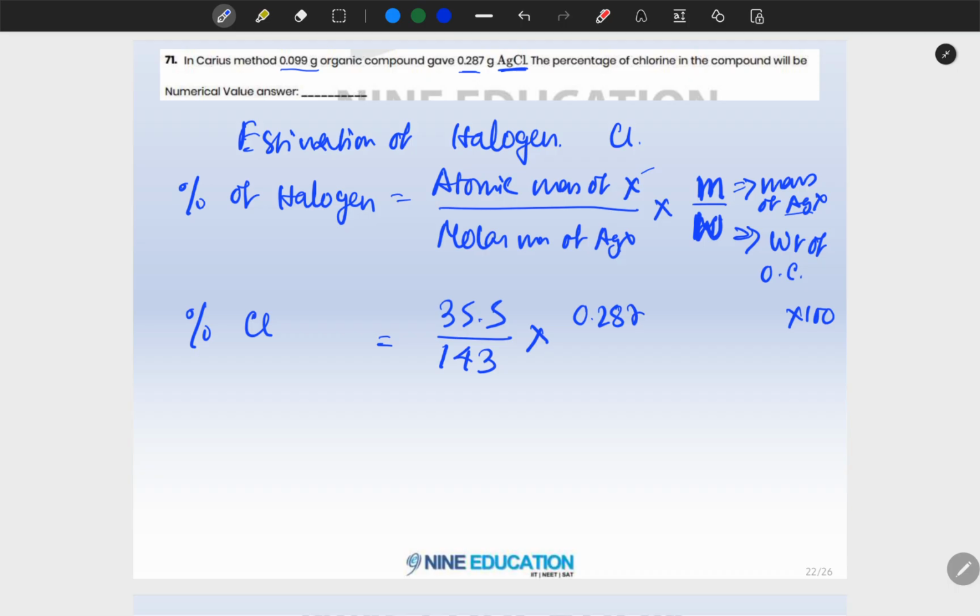This is the amount of AgCl we are getting from 0.099 gram of organic compound, so by 0.099 into 100. So finally, the percentage of chlorine that we are getting is 71.8. So the value is closer to 72. So that's why 72 is the correct answer. Now let's proceed to the next question.